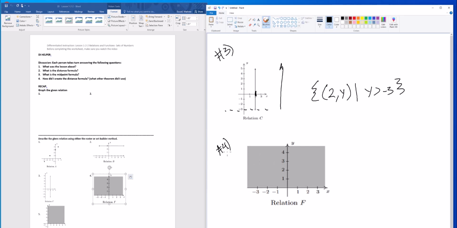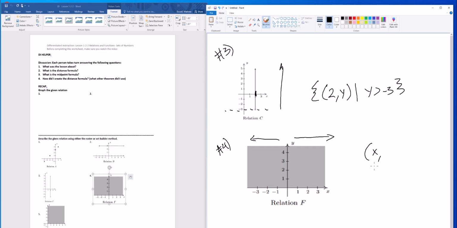So for number 4, it is a little different here because it's not like a line, right? So because it's not a line, that means we're not specifying what my x or what my y's are. It does seem, though, that my x value is shading forever this way. So there are no restrictions for my x value.